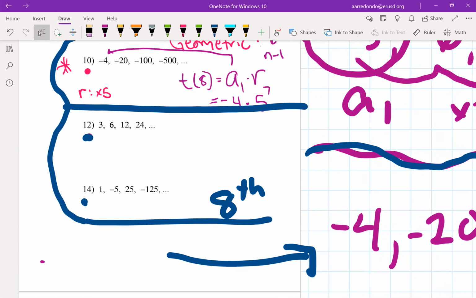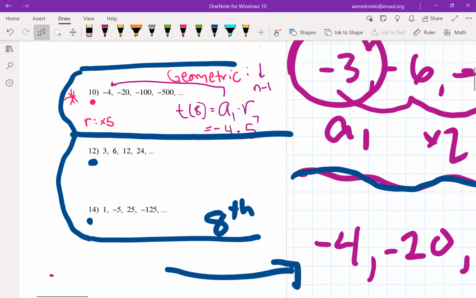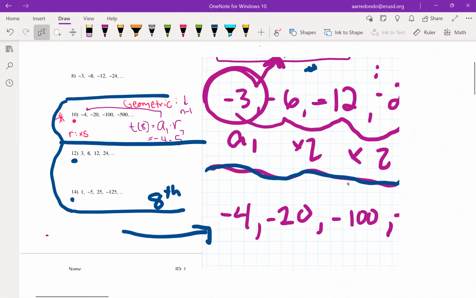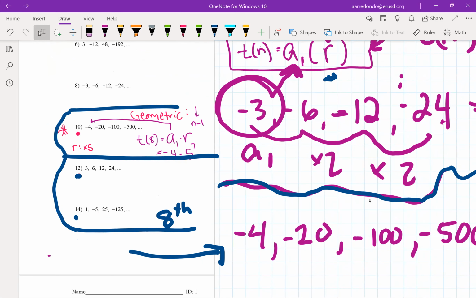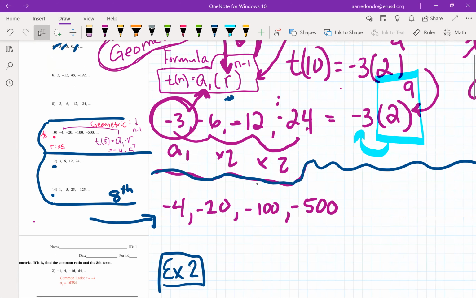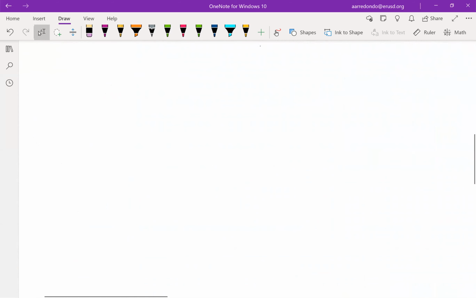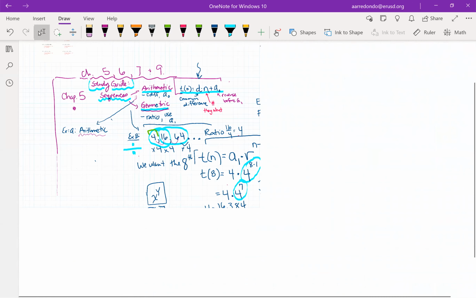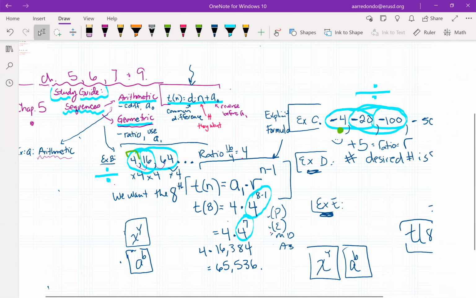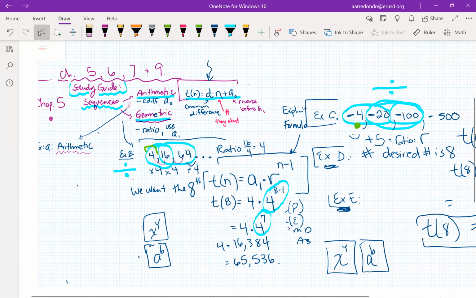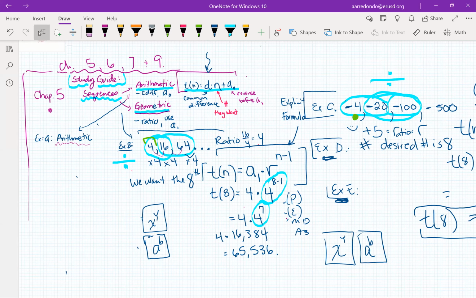If you came a little late, we just went over the geometric formula of a sequence, and we took kind of a note that is our study guide, which looks like this. So you might want to just take a snapshot of this.